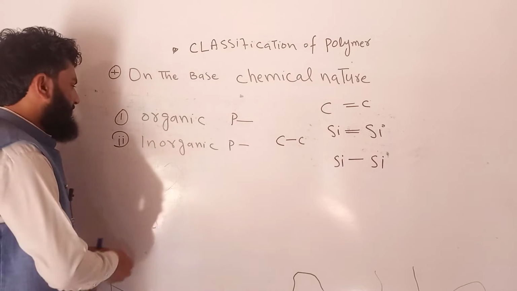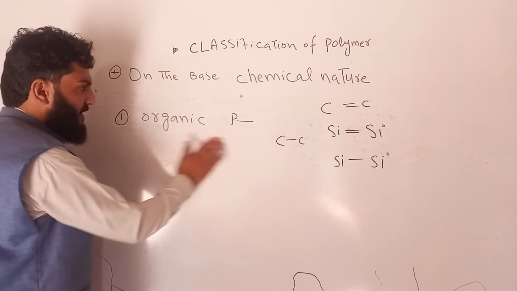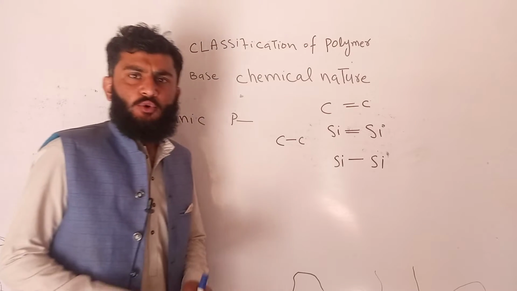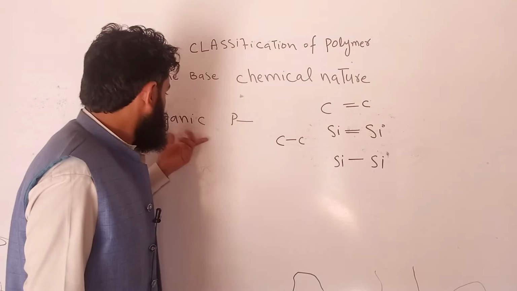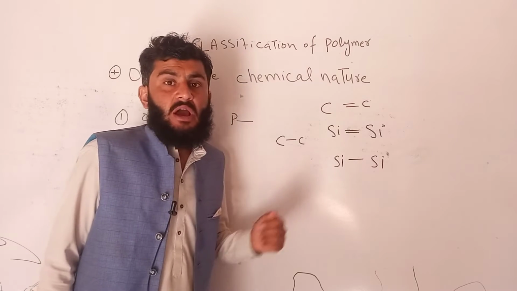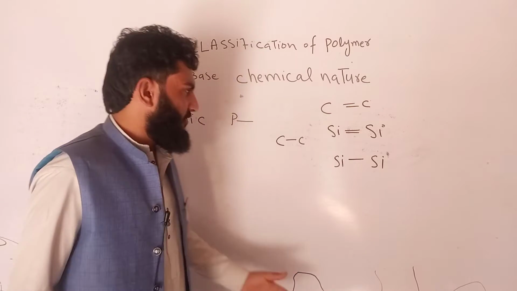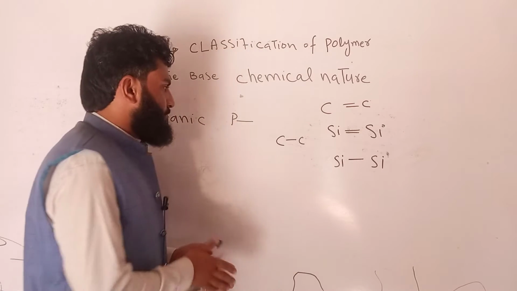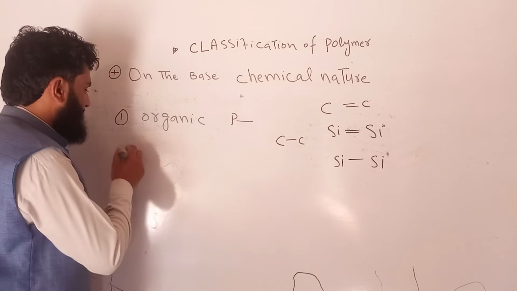Clear? First of all, I want to discuss organic polymers, which are those polymers that are organic in nature, those which have carbon bonds in their main skeleton. For example, what will be the examples of organic polymers?